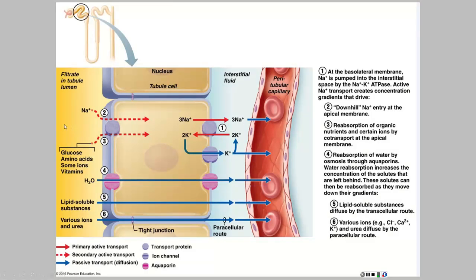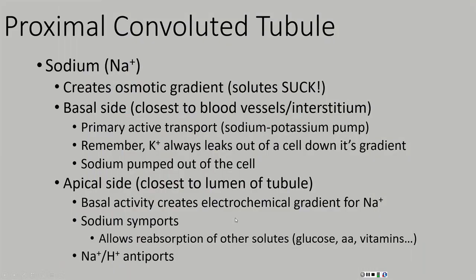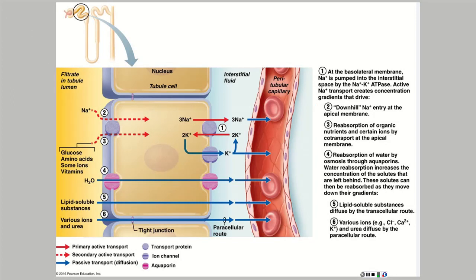So when we reabsorb something, something is passing from the filtrate and then either through the transcellular route or through the paracellular route between the cells. But as we just saw here, the basal side of that cell is the cell closest to the blood vessel, the interstitium.